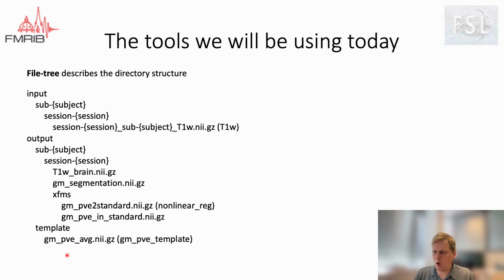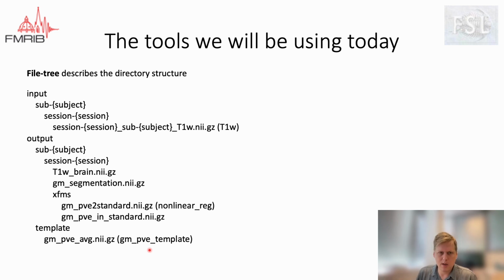And then we've got the output for, in this case, an FSL VBM-like pipeline. We run brain extraction, we run segmentation, and then we create a template as part of our FSL VBM analysis, which we will look at more closely during the practical when we will actually create this pipeline.